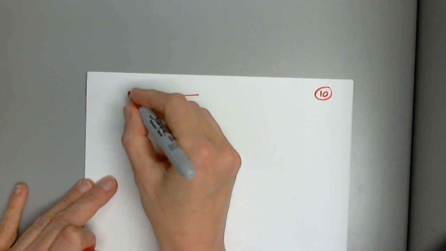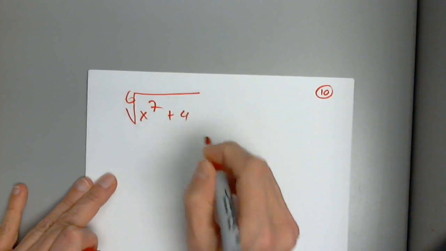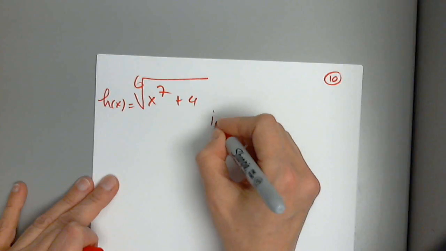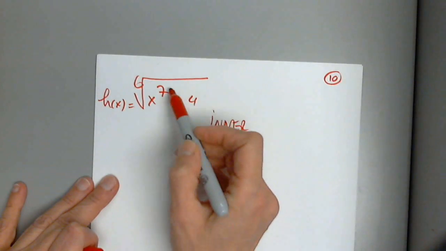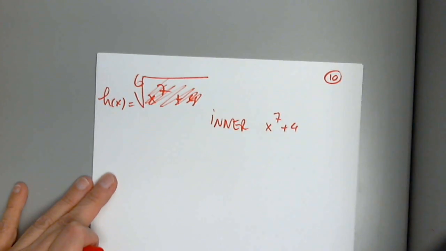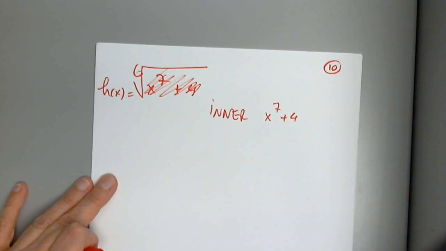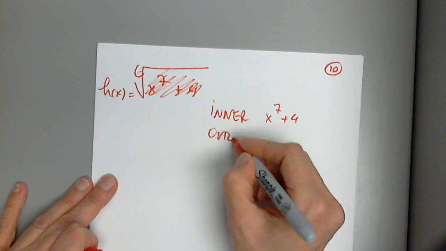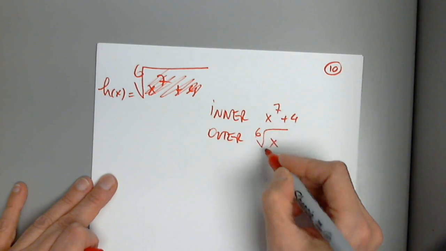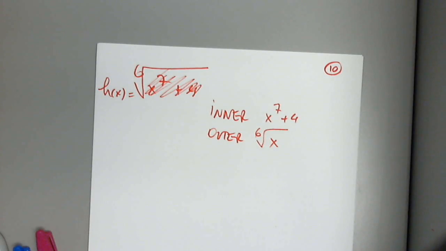If we have, let's say, the 6th root of x to the 7th plus 4, and this is a function, let's call it h of x, the inner will be the first expression I have to perform, which can be more than one correct answer. The outer will be the next expression I have to perform, which is the 6th root of x.